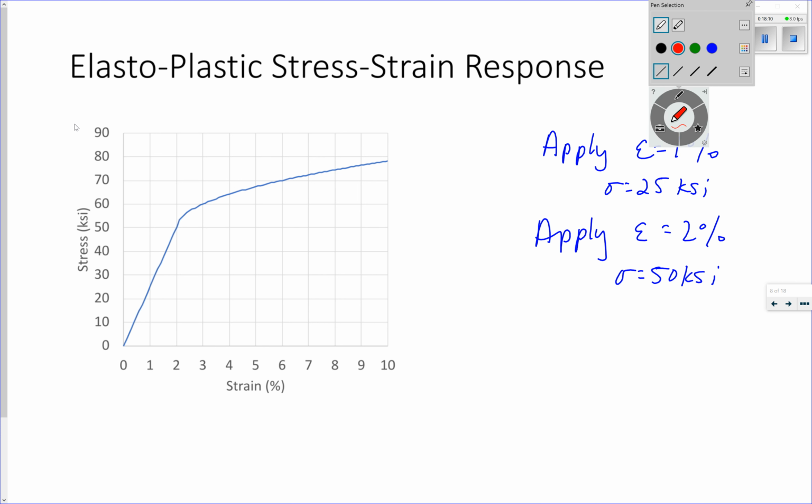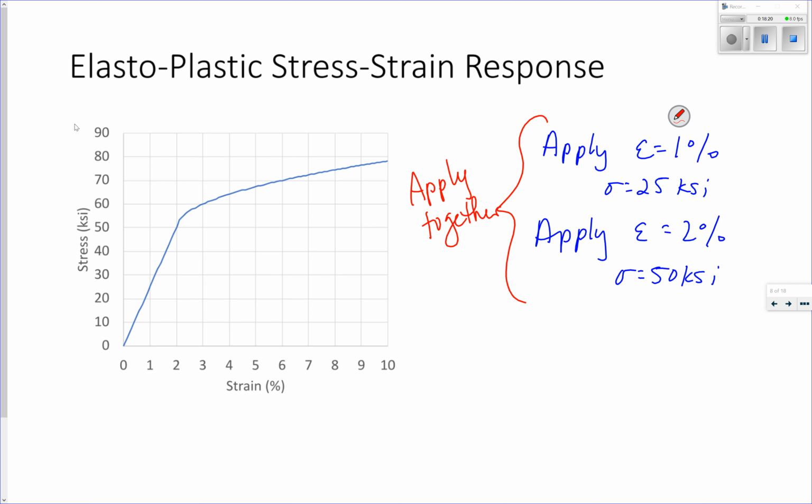Say I add those two separate loadings together. That would give me a strain of 3%. So if I take my 25 KSI and my 50 KSI, 75 KSI.